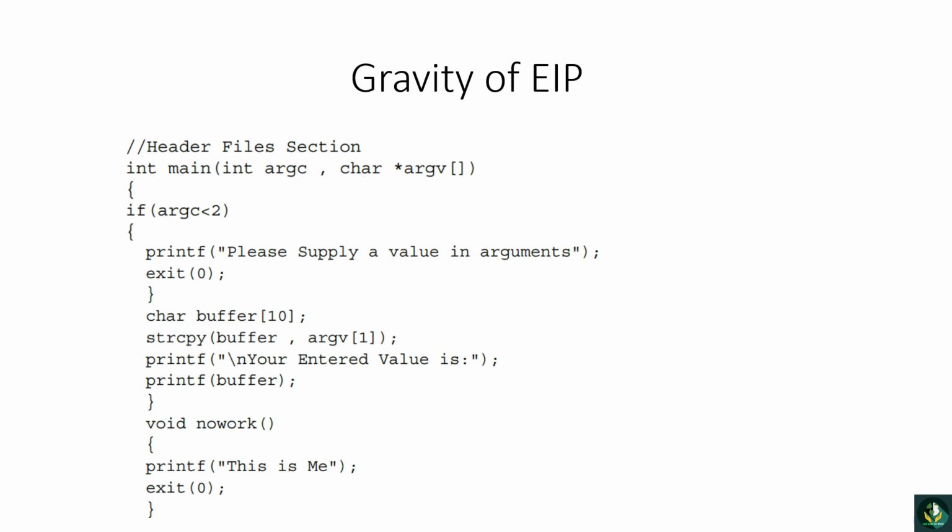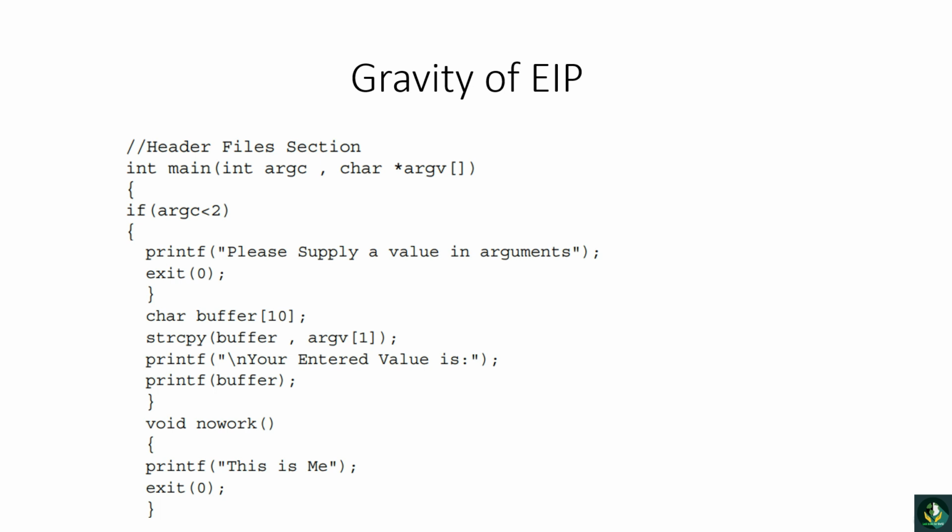So I created a C program for this. The preceding code, when executed by supplying a command line parameter, will simply print out the value supplied. An important thing to analyze here is a function named no work. Since it is not called anywhere in the program, it will not execute.